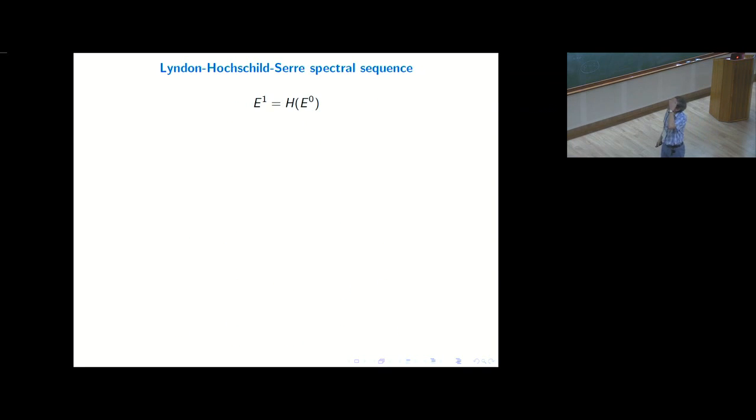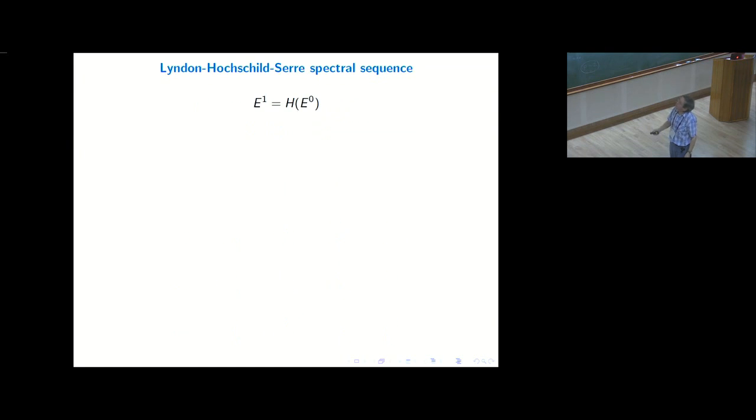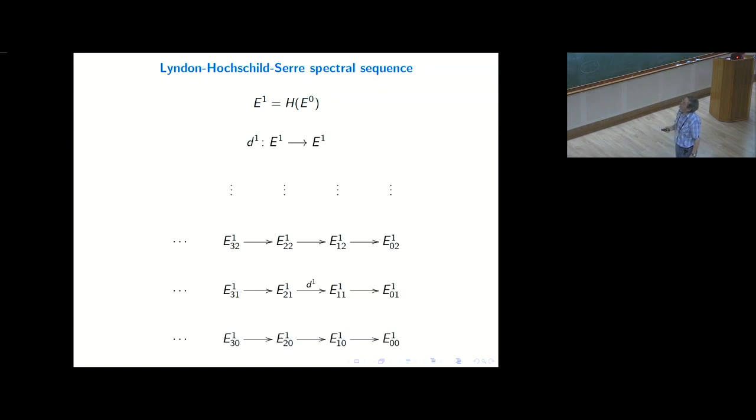Now I'm going to define E^1 to be the homology of E^0. That makes sense because d^0 followed by d^0, I'm just going twice down here, is 0, they're chain complexes. So my E^1 is the homology of E^0, a direct sum of lots of abelian groups.